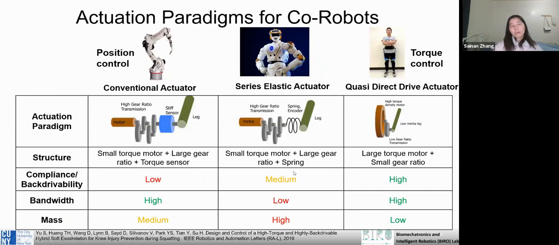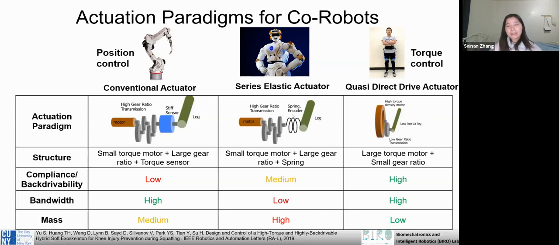Next, I will talk about more information on the 3 kinds of actuators. The first is the conventional actuator. We can see the actuator paradigm. There is a small but long motor, a high gear ratio box, a stiffness transmission, and a leg, which you can regard as the load. For the series elastic actuator, it is the same motor and the same high gear ratio box.